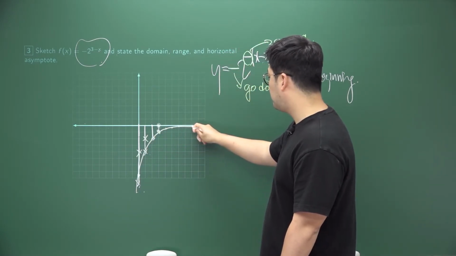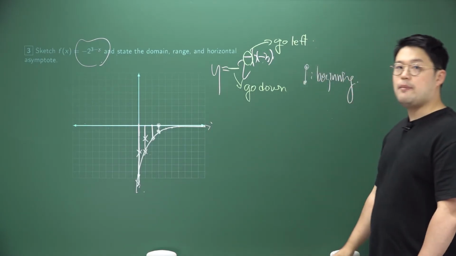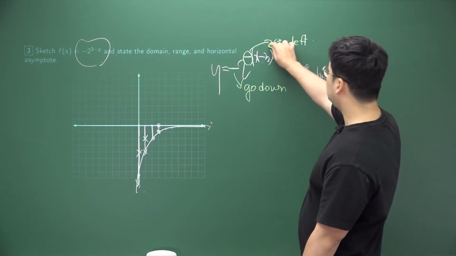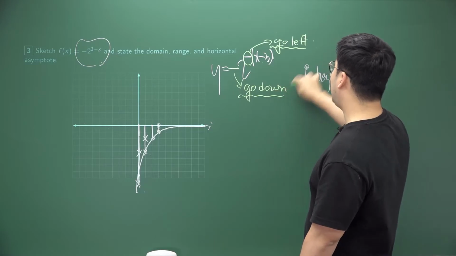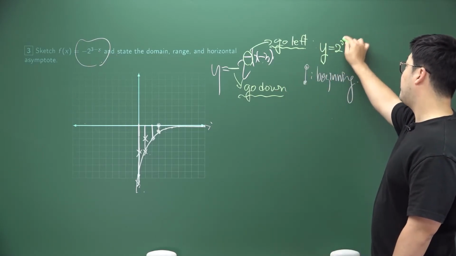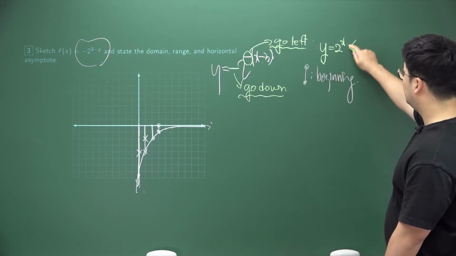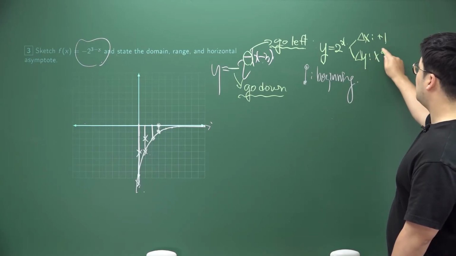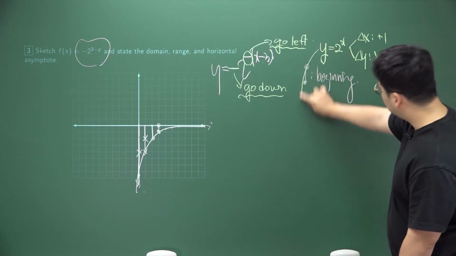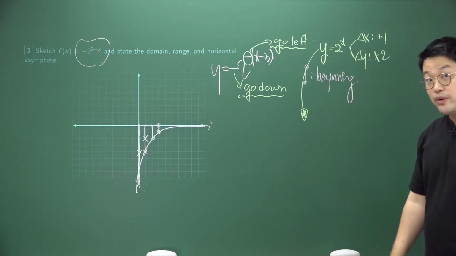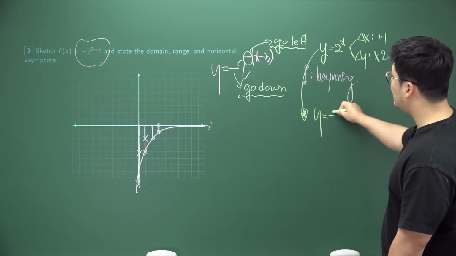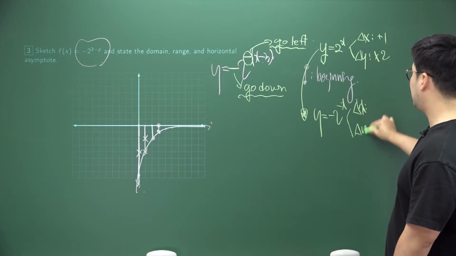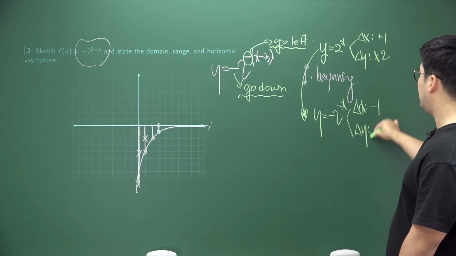Imagine the world that has been turned upside down. It's going up. Sir, I don't get this. I'll make sure you get this, right? Usually when we have y equals 2 to the power of x, we had change of x and change of y into the positive direction. This time, when we have y equals -2 to the power of -2x, I would like to have -1 and -2.